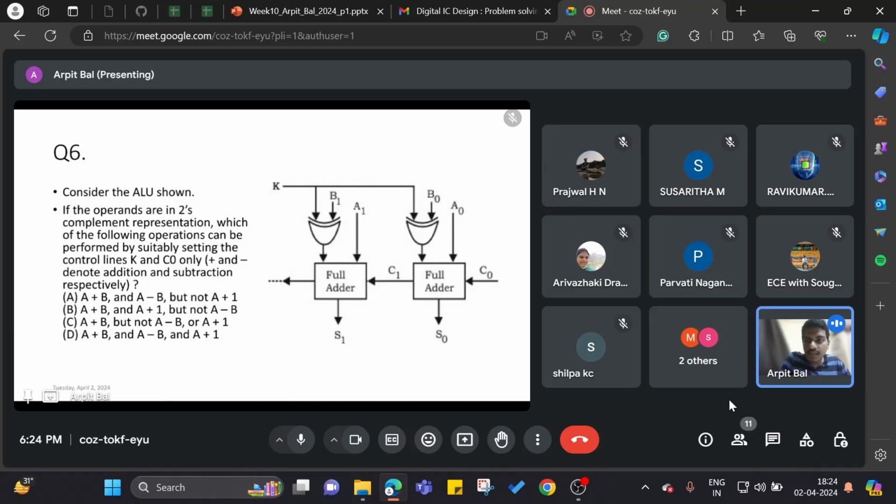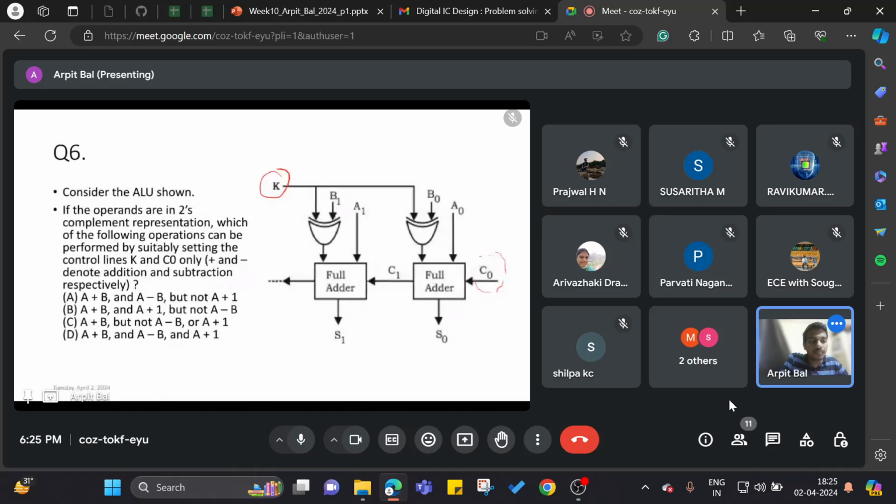So consider the ALU that is shown to you on the right hand side. If the operands are in 2's complement representation, which of the following operations can be performed by suitably setting the control lines K and C naught only? Plus and minus denote addition and subtraction respectively.